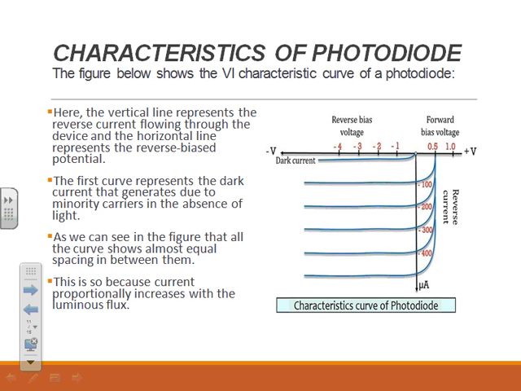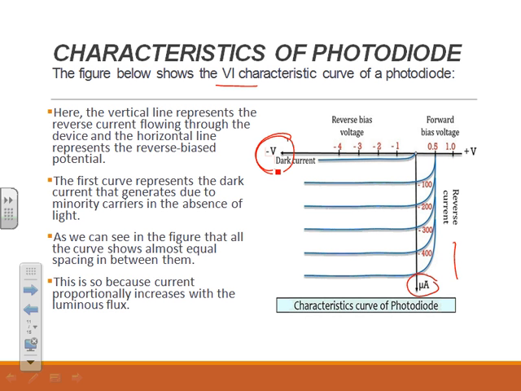The figure shows the VI characteristics. As it is in a reverse bias condition, the negative part is shown in the graph, that is negative voltage, with respect to voltage and the current. The vertical line represents the reverse current flow through the device, and the horizontal line represents the reverse bias potential, that is minus V voltage.